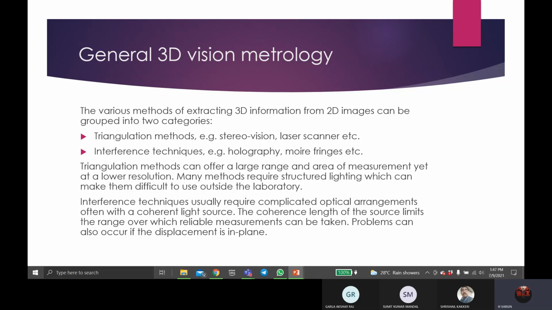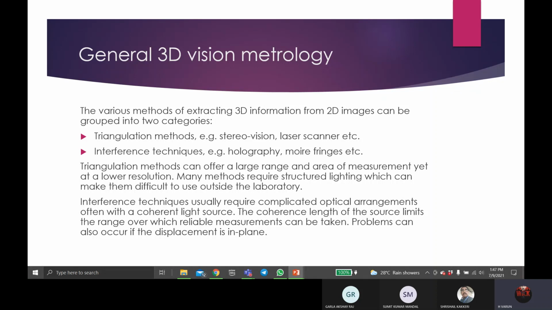Many of these methods struggle with lighting, making some of them difficult to use outside the laboratory. They need certain regulations and requirements to perform. Interference techniques usually require complicated optical arrangements, often with a coherent light source. The coherence length of the source limits the range over which reliable measurements can be taken.